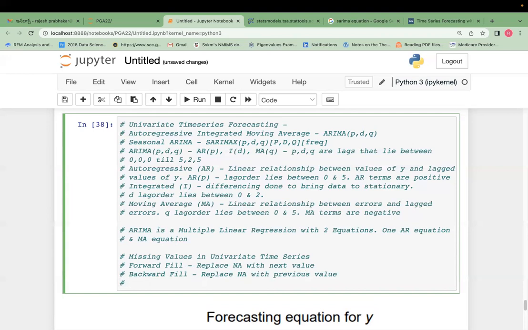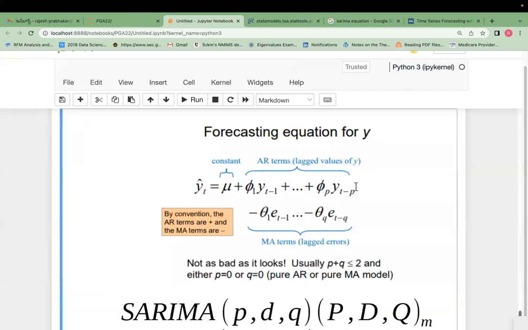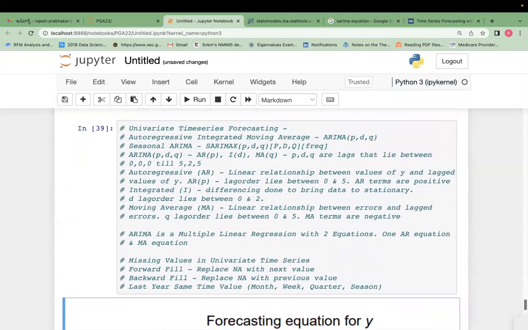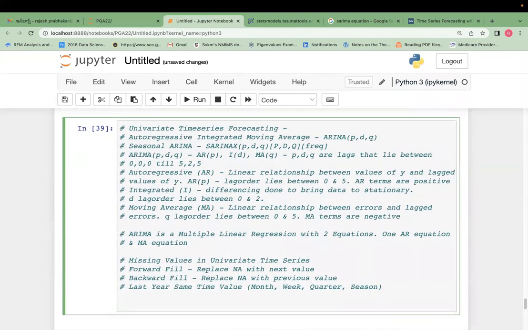Or you can also use the last year's same time value. It can be month, week, quarter, or season, so you will use the last year's same time value. So the missing value imputation is different here. For time series forecasting, we have to follow these methods: forward fill, backward fill, or the last year same time frame method.